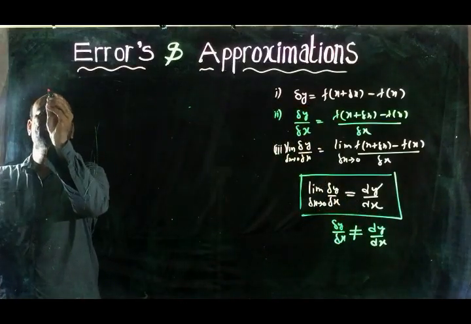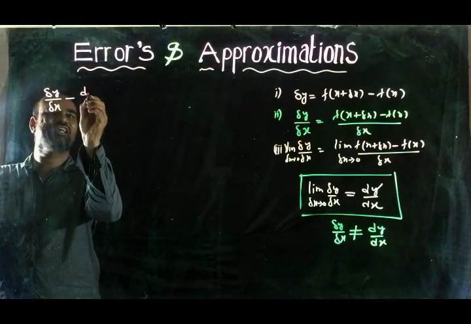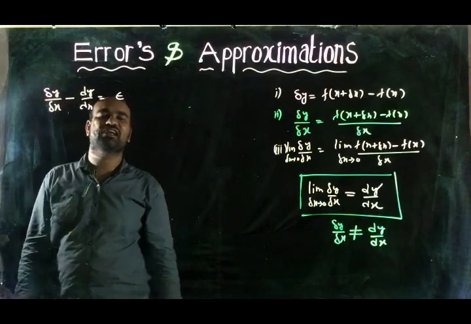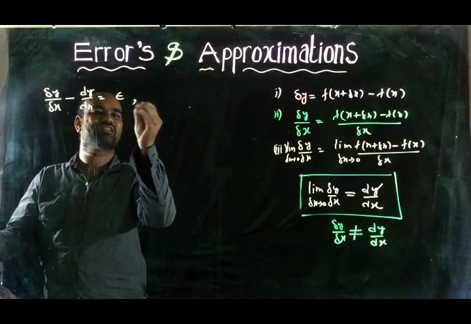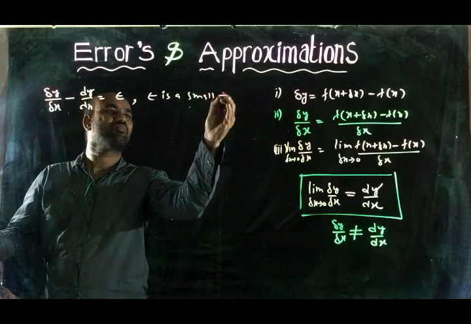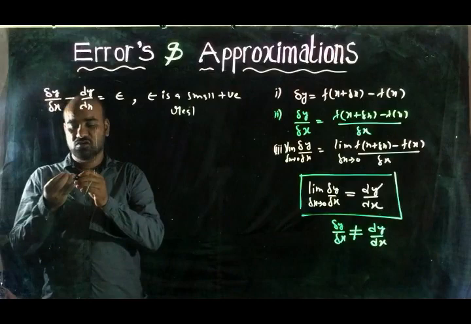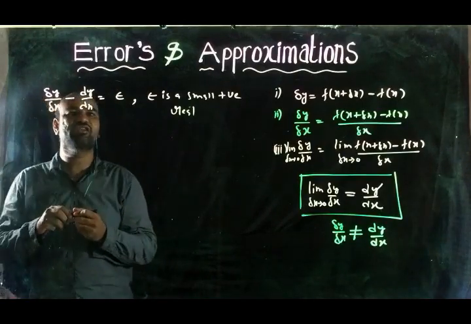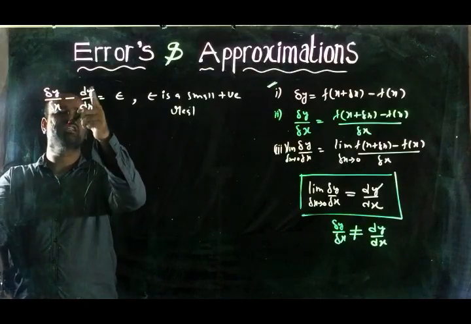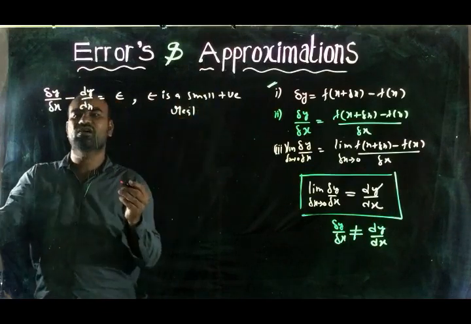So I am writing here, delta y by delta x minus dy by dx equal to some epsilon, a Greek letter epsilon. Epsilon is a small positive real number, since I am writing the absolute difference.